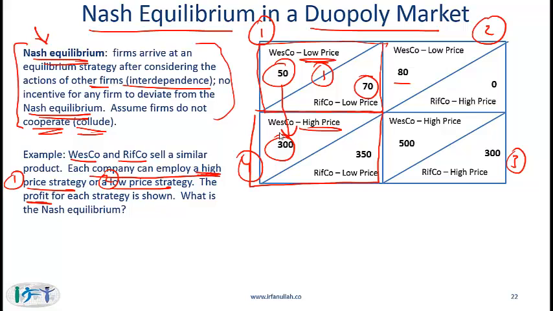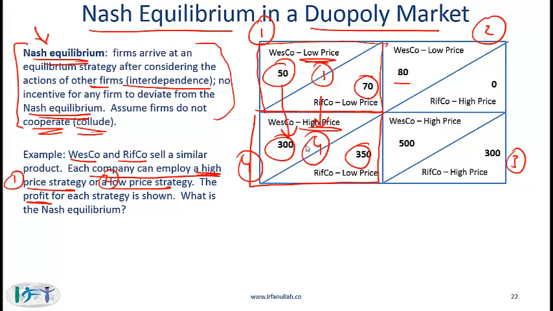Wesco also thinks about what Rifco will do if Wesco increases prices, and notice that the profit for Rifco will also increase. So Rifco will not be unhappy, or in fact Rifco will actually be happy if Wesco increases prices.